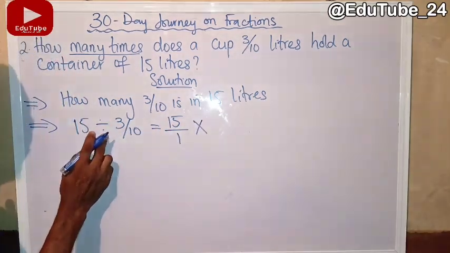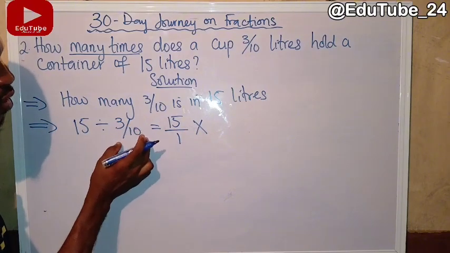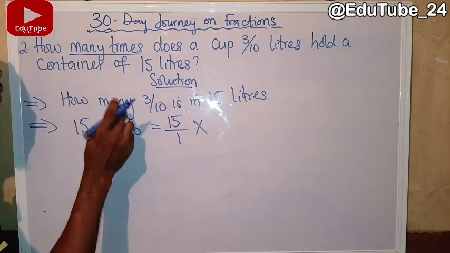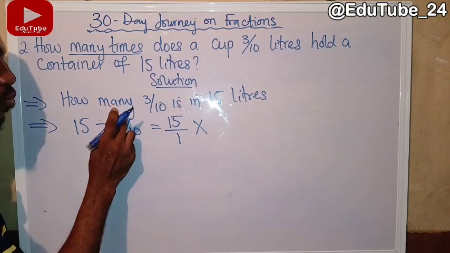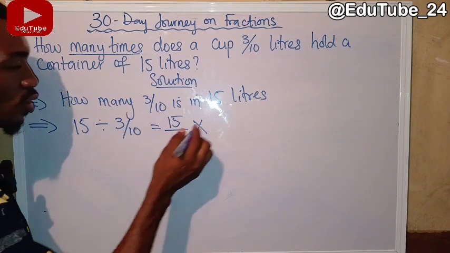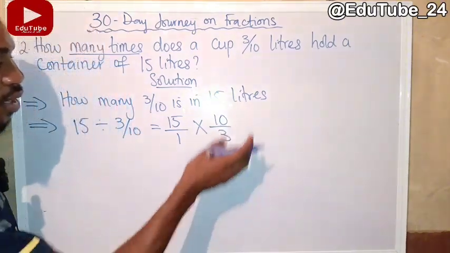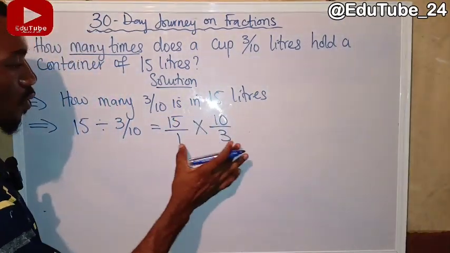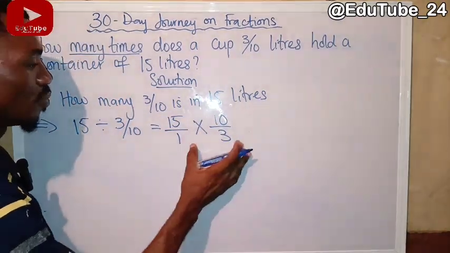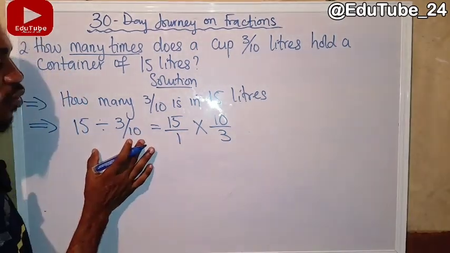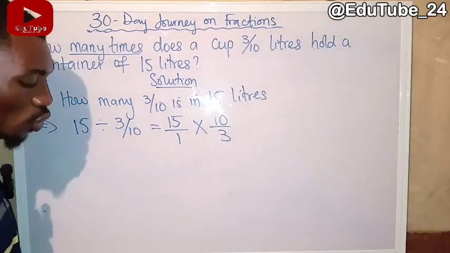Now, this divide turning to times, we condition this fraction here to invert. Invert means the denominator will become the numerator, while the numerator will become the denominator. So we are going to have 10/3. Now that we've transformed this part of the fraction into this, let's go on operating on it.